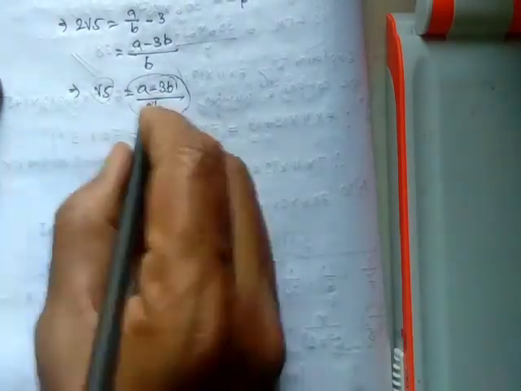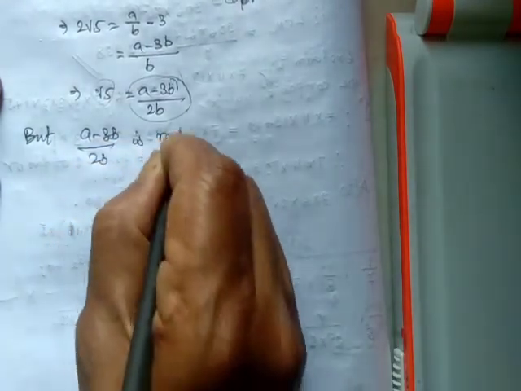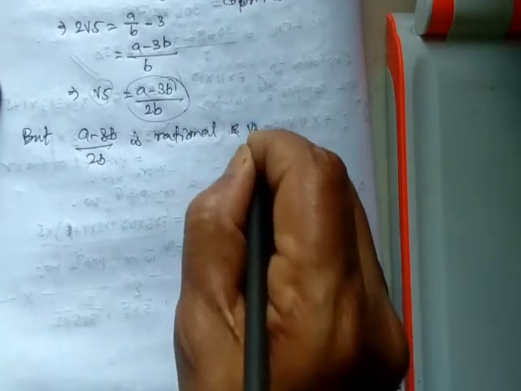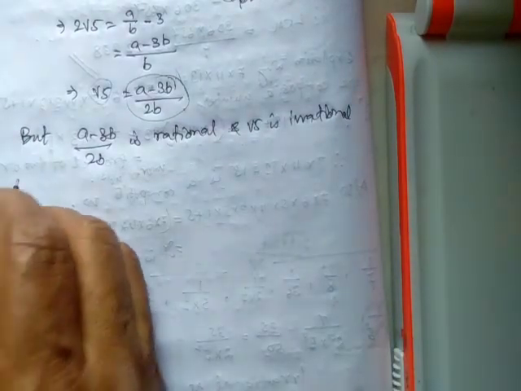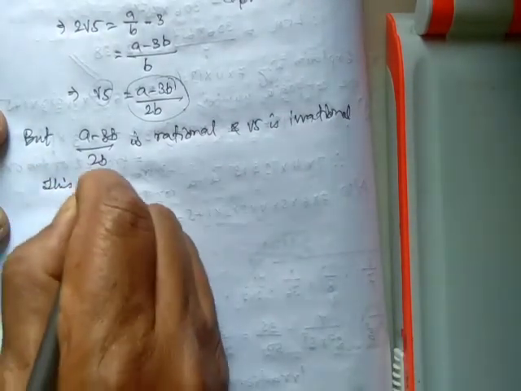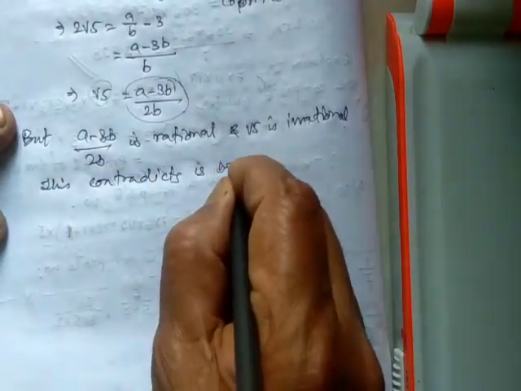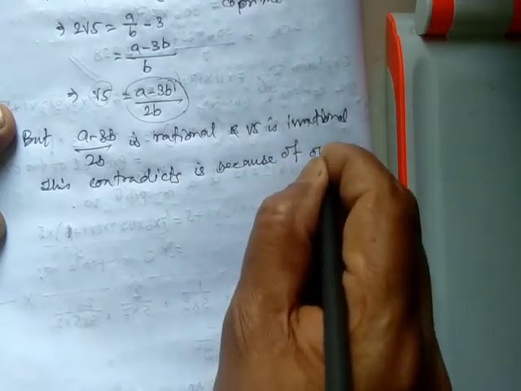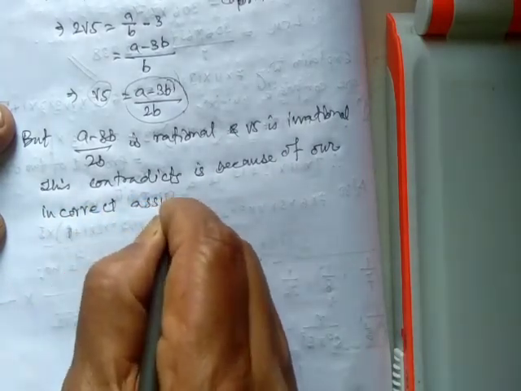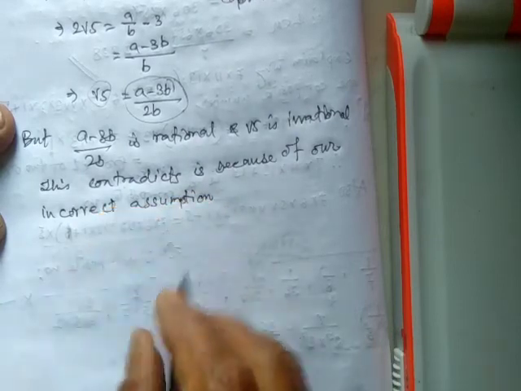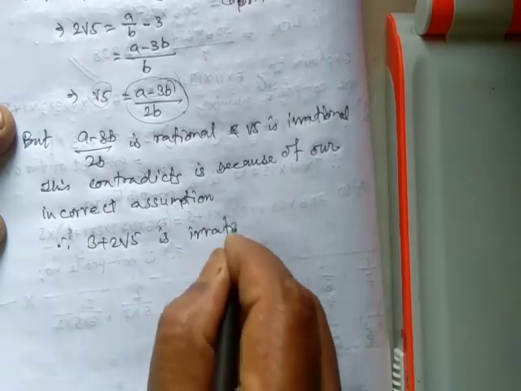This contradicts because of our incorrect assumption. Therefore 3 plus 2 root 5 is an irrational number.